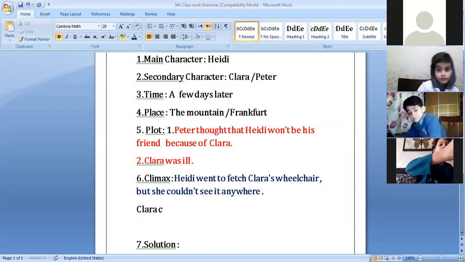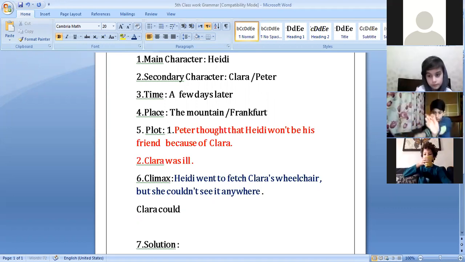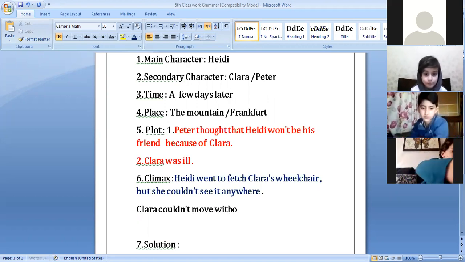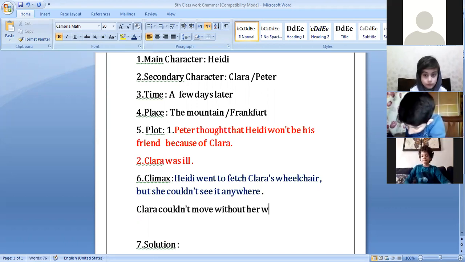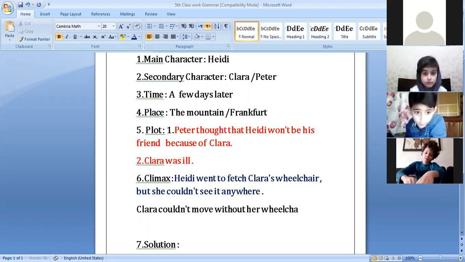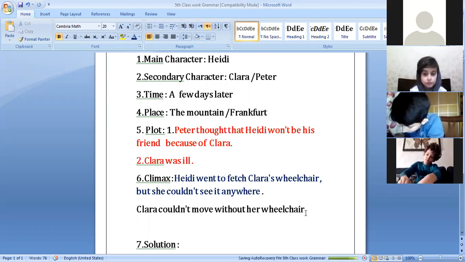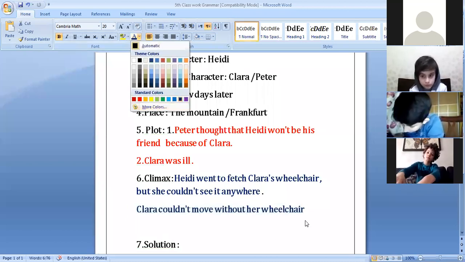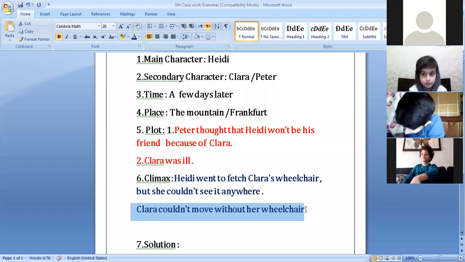Clara couldn't move without her wheelchair. So this is for climax number 2.